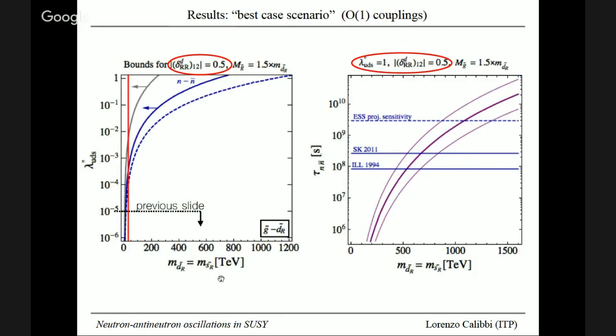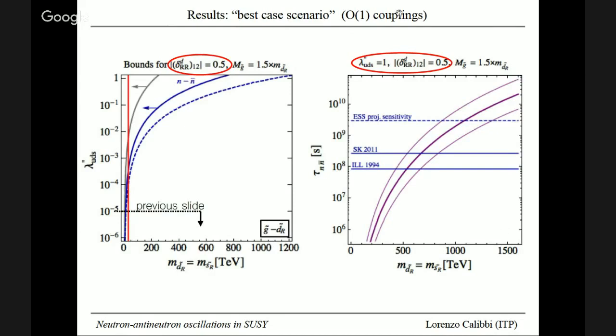So this shows basically the potential of this kind of experiments of testing tree-level new physics that gives rise to N-bar oscillation with large couplings. So in principle, you see, we can already exclude scales which are of the order of hundreds of TeV. And you can have a substantial improvement by the proposed experiments, up to 1000 TeV or so.